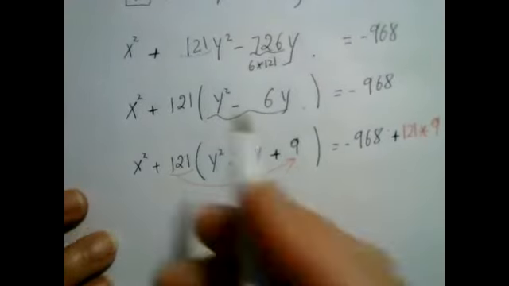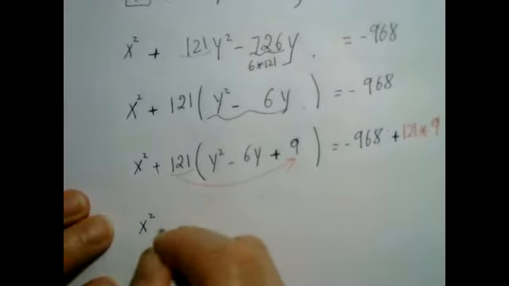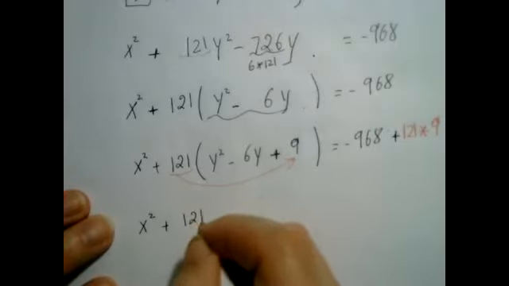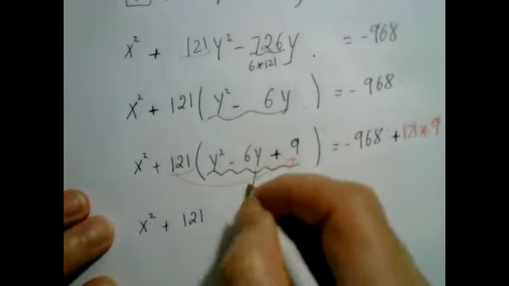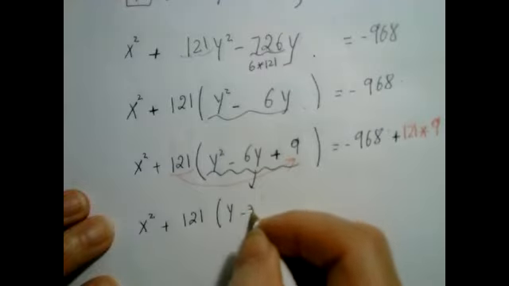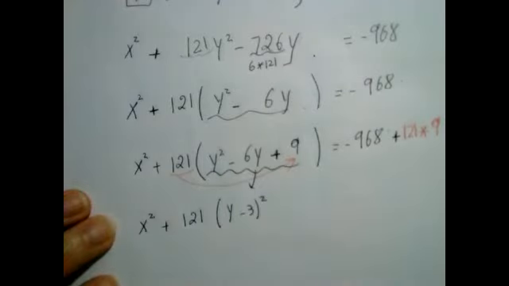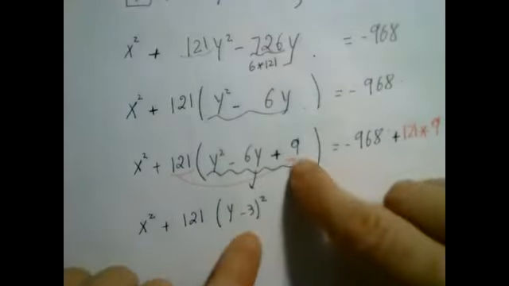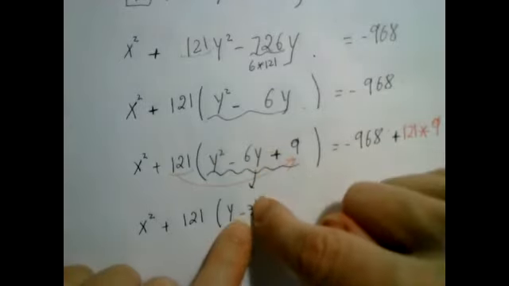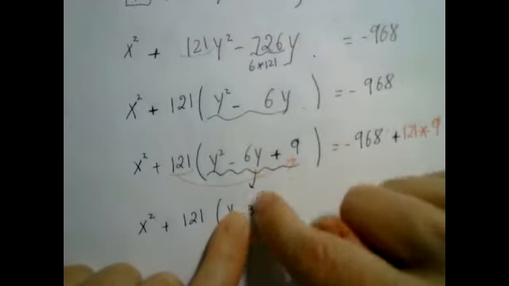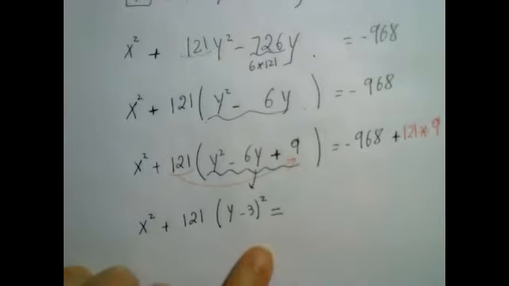So finally, this piece here is the one I was after: y minus 3 squared. Because this is the b over 2, as I said, we add the b over 2, which is the 3, equal. Now, I don't know how much you got on the right.